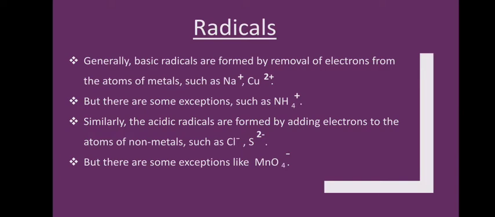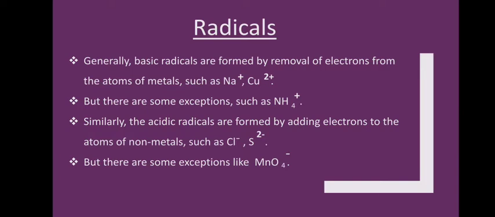Similarly, the acidic radicals are formed by adding electrons to the atoms of non-metals such as Cl minus and S2 minus, right? So acidic radicals are formed by adding electrons. Electrons are negatively charged, so when you add an electron to something, it will become negatively charged, and when you remove an electron from something, it will become positively charged.